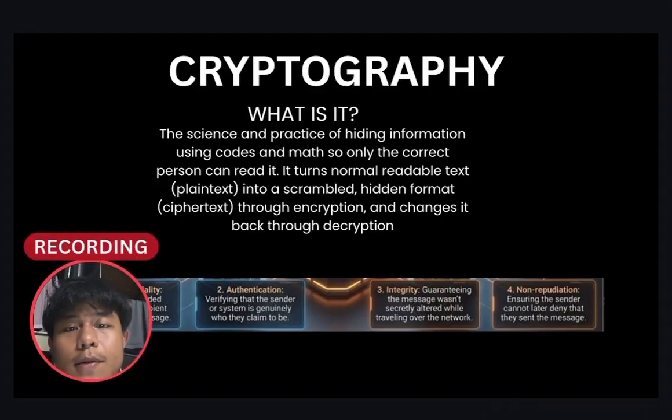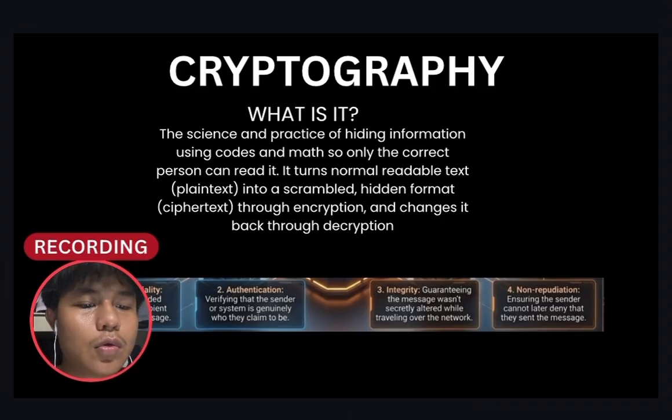So the second system security that we have is cryptography. So what is cryptography? Well, it is the science and practice of hiding information using codes and math, so only the correct person can read it. It turns normal readable text, plain text, into a scrambled, hidden format, ciphertext, through encryption, and changes it back through decryption.